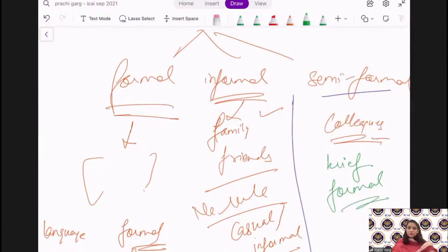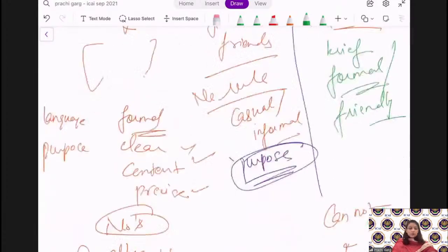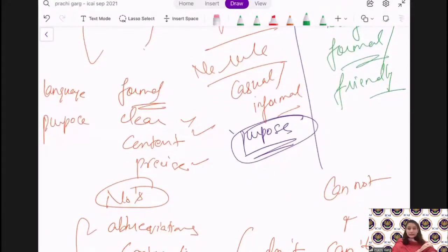At the end of the day, you are talking to your colleague, you're not talking to your friends. So you have to make sure that your language is formal when you are writing. But with formal, it can be a little friendly too. Okay, you cannot be so casual about it, writing anything or everything on the earth.